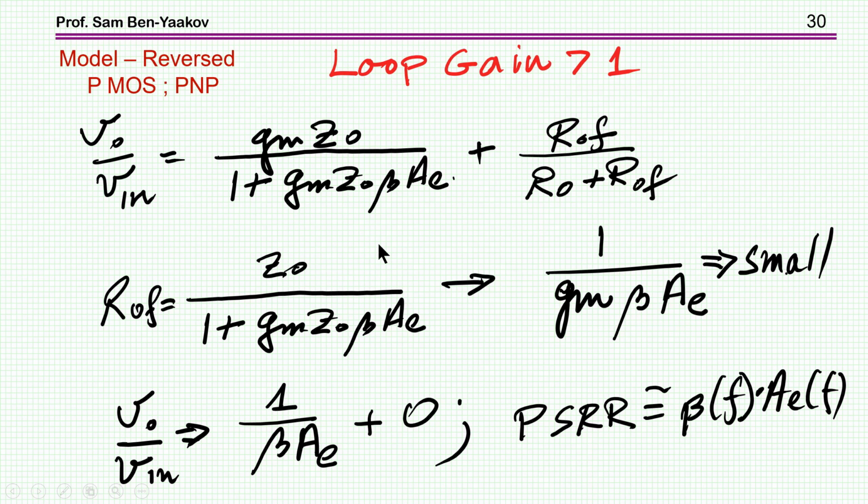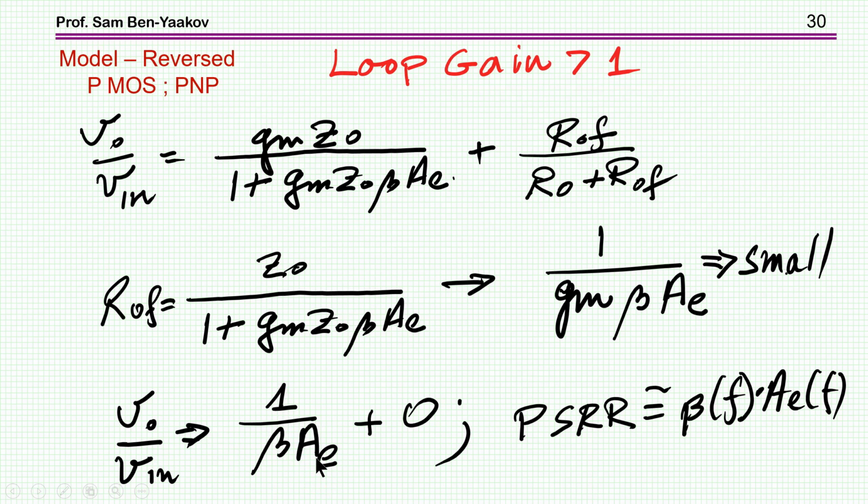And therefore this divider that we have with R out, which is the resistance of the pass element, usually fairly high, it could be in the range of 1 megohm, drops out. So we are left with this part here. Now we're talking about the loop gain larger than 1, so this one drops. So GM Z out is also dropping out, and lo and behold, we get this expression, 1 over beta AE.